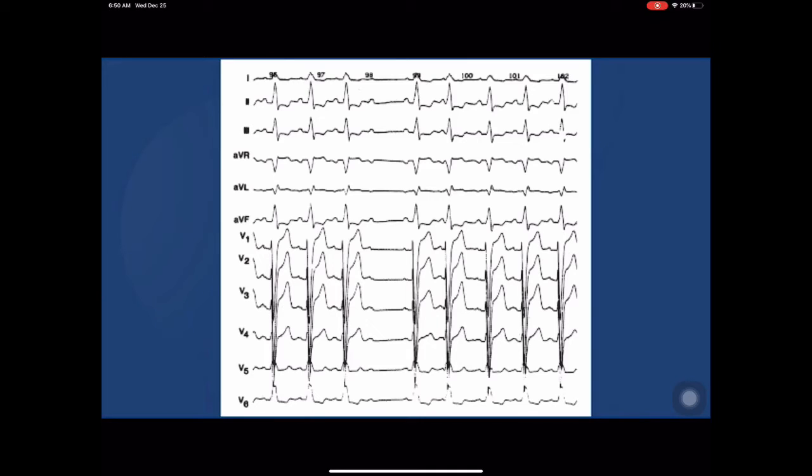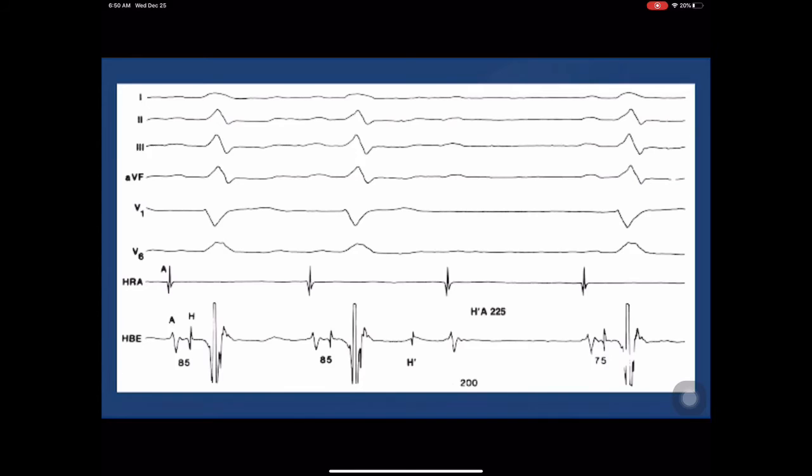It goes by different names. In other words, this is not infra-Hisian block, but instead it is a physiologic event, a His concealed beat that blocks the next beat and is the cause of the so-called Mobitz 2. And in fact, this person never had anything more done because a benign form of syncope was uncovered.